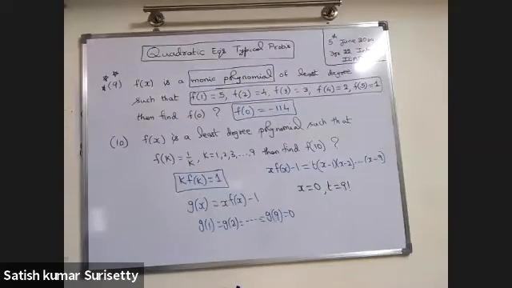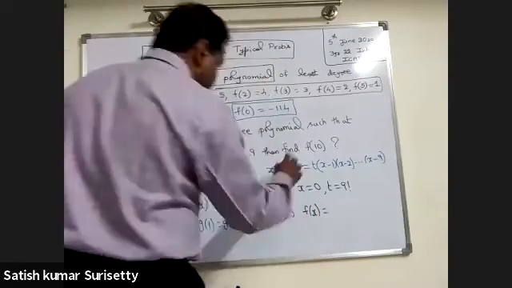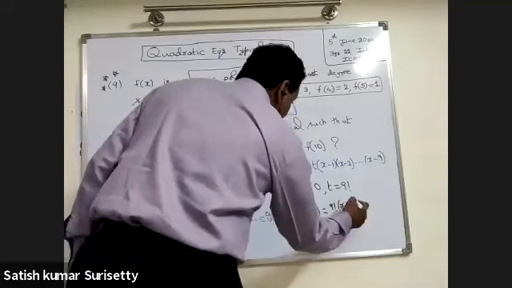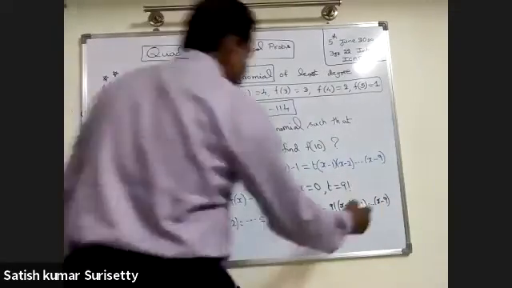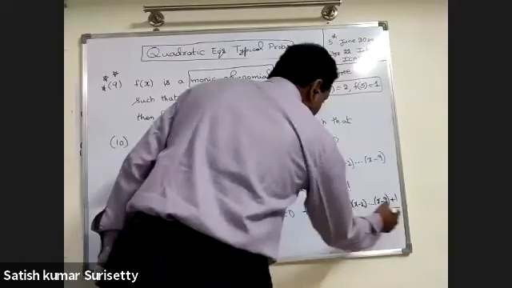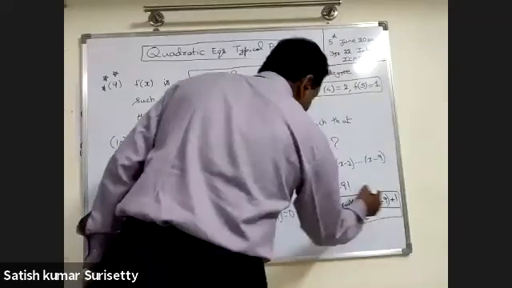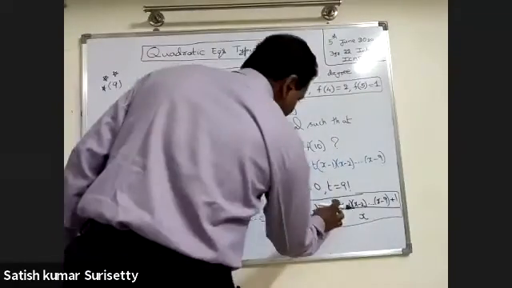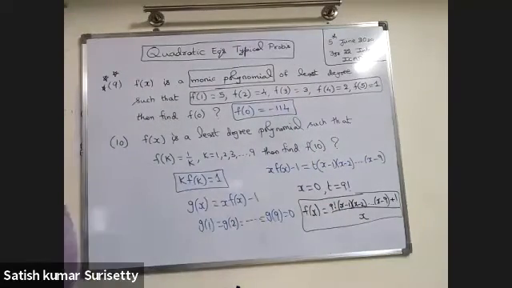Now what will f of x become? Back substitute. So 9 factorial into (x minus 1)(x minus 2) and so on up to (x minus 9), plus 1, upon x. So this is f of x. But it won't be a polynomial. No, it is a polynomial only after you simplify.